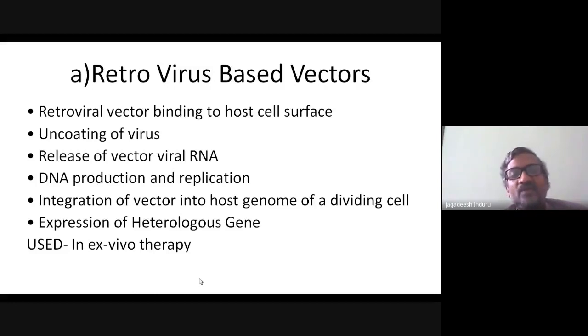Then we replicate that particular cell, and after that we introduce it back. So this type of retrovirus is used in ex-vivo therapy, to correct floating tissue like your blood, or if you want to introduce any proteins, you want to make it ex-vivo.